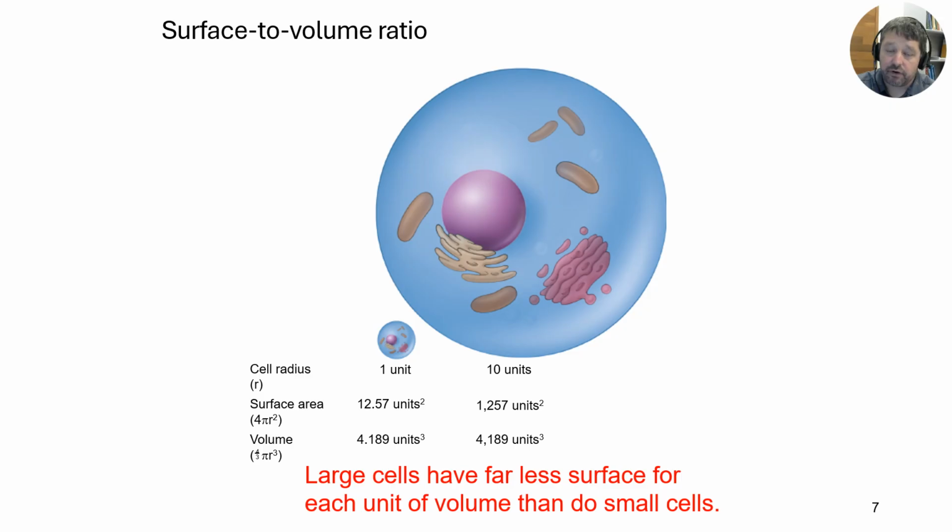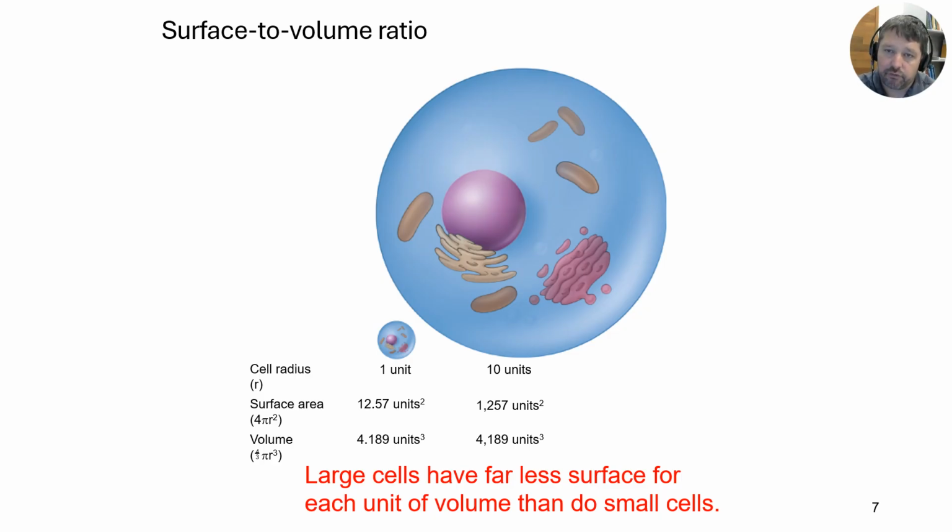But when you get 10 times bigger, now it's 100 times bigger than the original. I'm sorry, 1,000 times bigger than the original. So the volume is much larger, based on that kind of surface to volume ratio. Larger cells have far less surface for each unit of volume. Hopefully that makes sense.